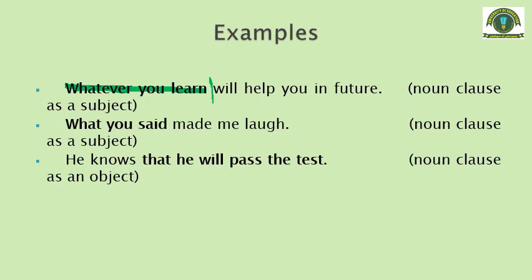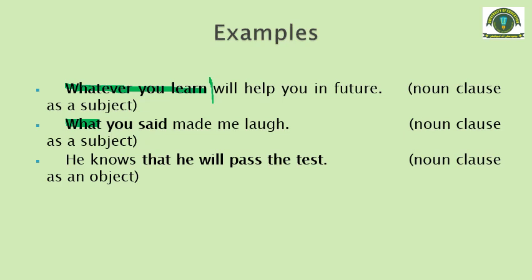Let's look at the next sentence. What you said made me laugh. First of all, you have to identify that the sentence is beginning with what, and a sentence that begins with what has a noun clause in it. So we identified that there is a noun clause, but we need to find out whether it is acting as a subject, a predicate, or an object.